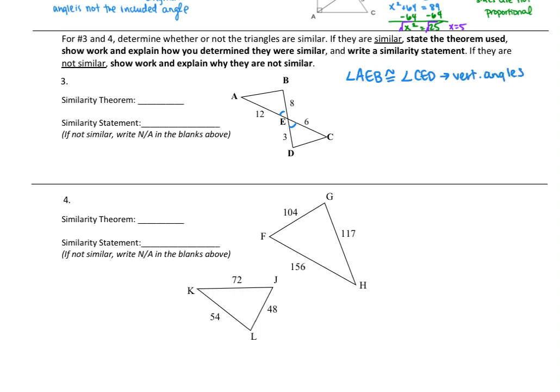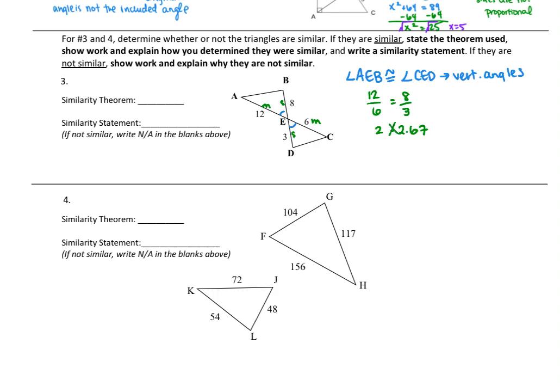And then I need to check my ratio. So 8 is the small, 12 is the medium, and then on this side 3 is the small, 6 is the medium. So setting up my ratio, it's going to be 12 over 6. That has to equal 8 over 3. Well, 12 over 6 is 2, and 8 over 3 is 2.67, and those are not equal.